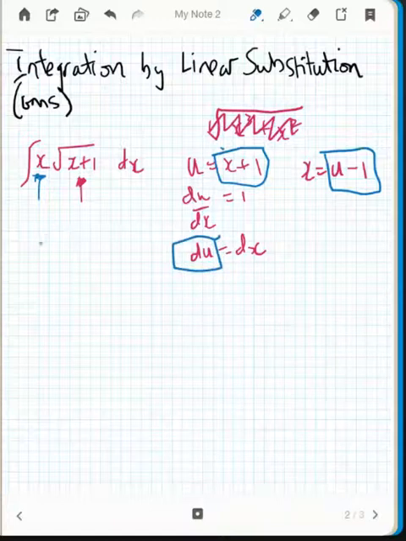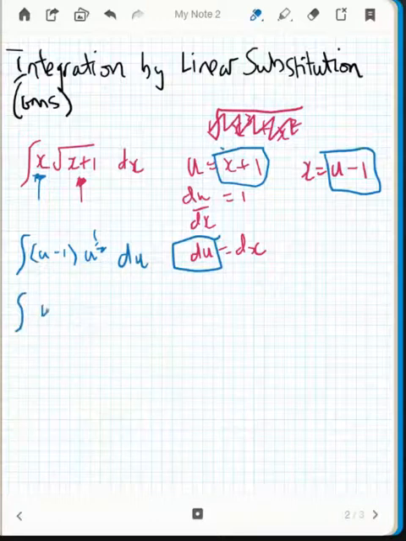So this is going to look like the indefinite integral of x, which is u minus 1, times the square root of x plus 1, which is the square root of u, dx, which is du. I can now multiply this out, and it's going to give me u to the 3 on 2 minus u to the 1/2 du.